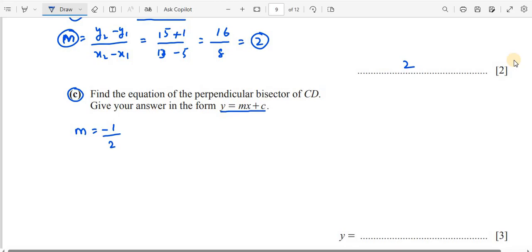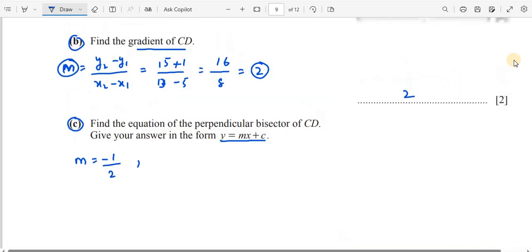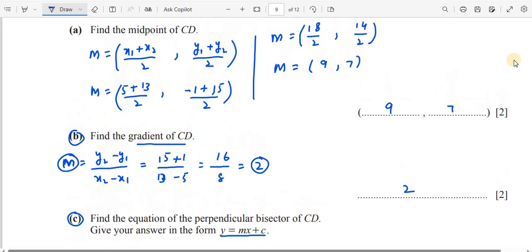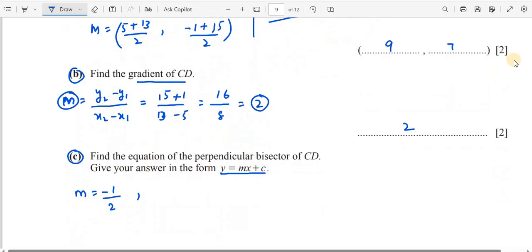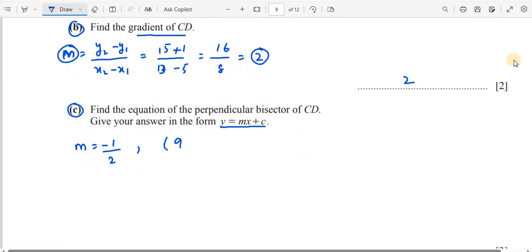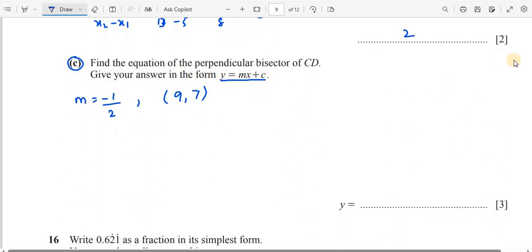Okay, and now the required point is this one, this point M is 9 and 7, so use this point 9 and 7 to find the equation of the line.